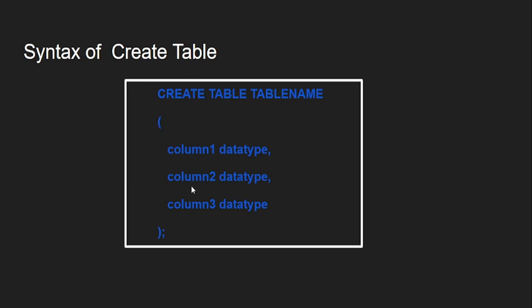Then column 2, then again you have to mention the data type. Similarly, keep on declaring the columns with the data types according to your requirements, and every time you have to differentiate one column from another by using a comma. So let's move on to SQL Server so that we can see how we can create a table in SQL.